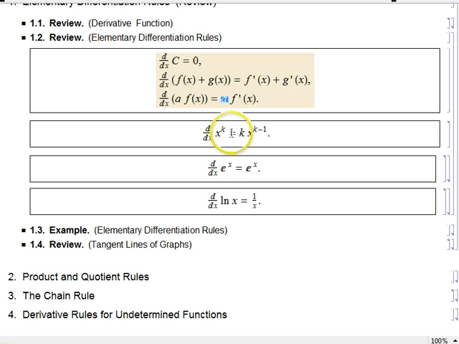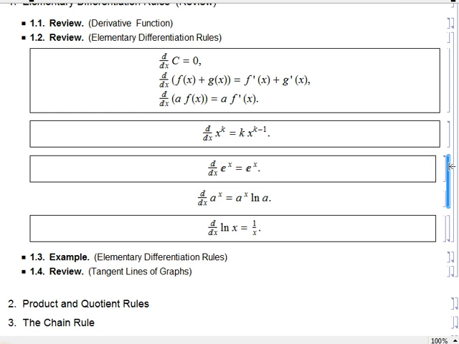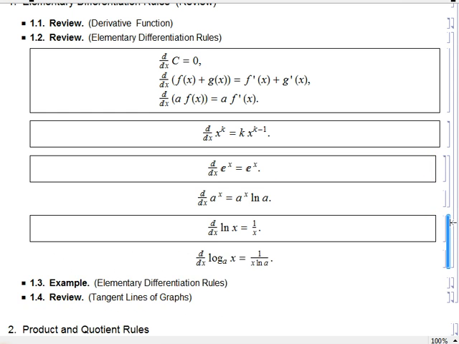The power rule for power functions, exponential rule for the natural exponential function, logarithmic rule for natural logarithmic functions. Notable extensions: if you have an arbitrary base, then you'll have to normalize by multiplying by log of a or dividing by log of a.